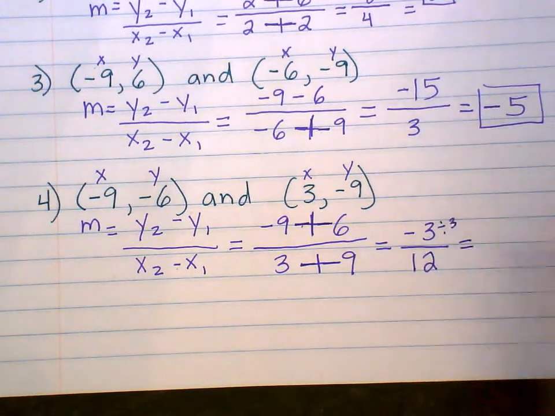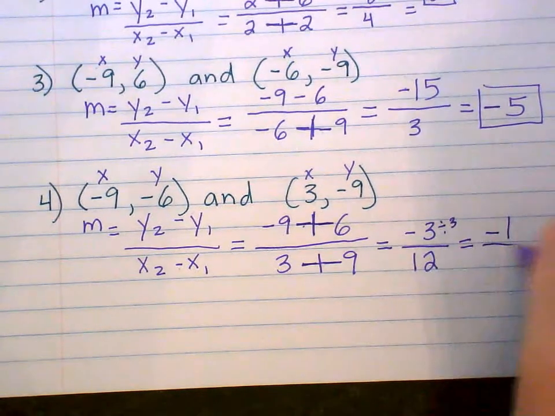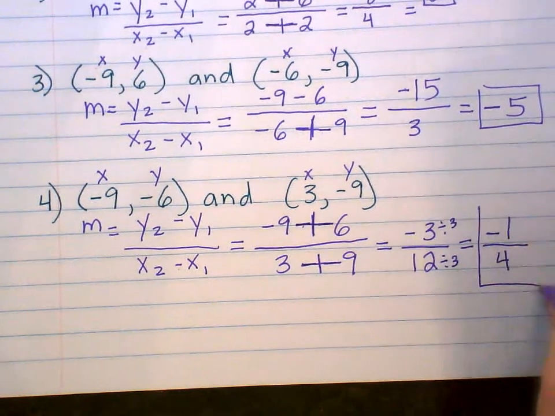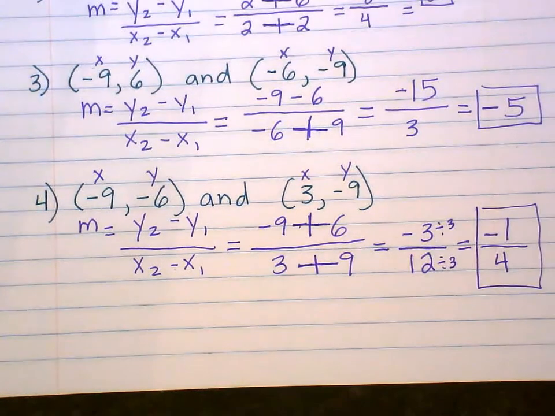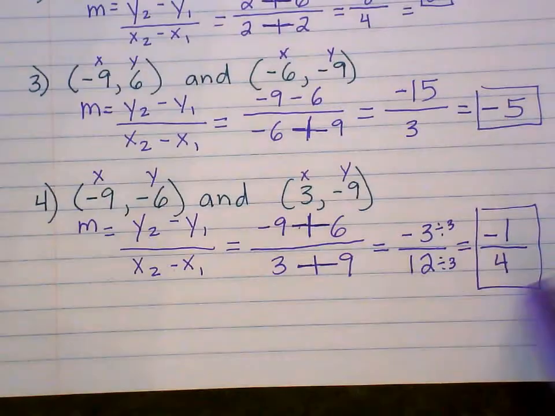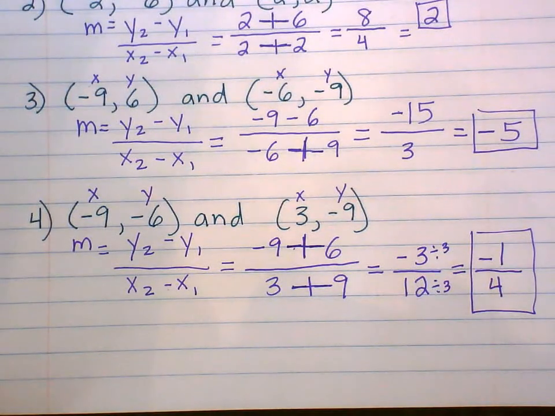Negative 3 divided by 3, negative 1. 12 divided by 3, 4. So the slope is negative 1/4. And again, if you graphed it and did your leaps, you would get the same answer. So this is how you find the slope from 2 points. Okay, and that's how you use the equation.